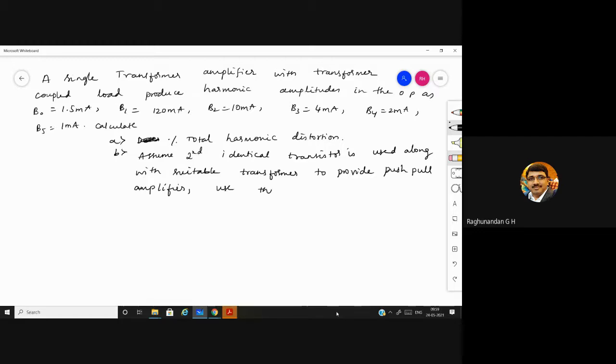Use the above harmonic amplitudes to determine the total harmonic distortion.